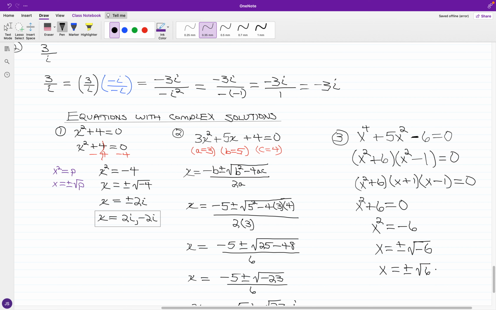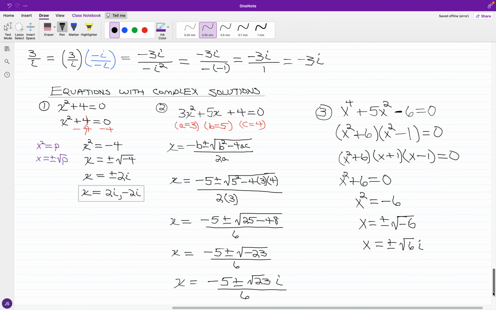And the square root of negative 6, we'll have the square root of 6i. So we're going to have a couple of complex solutions. We're going to have x equal to the square root of 6 times i, as well as the negative of the square root of 6 multiplied by i.